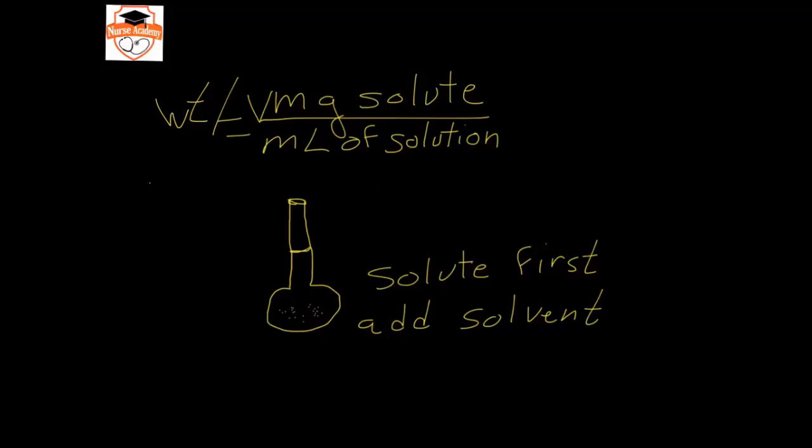So it's not that, let's say you have a 10% sodium chloride or salt solution, you would take 10 grams of sodium chloride and add 100 milliliters of water. You would put 10 grams of sodium chloride in and then add some water, dissolve the sodium chloride, and then dilute up until you hit your meniscus.